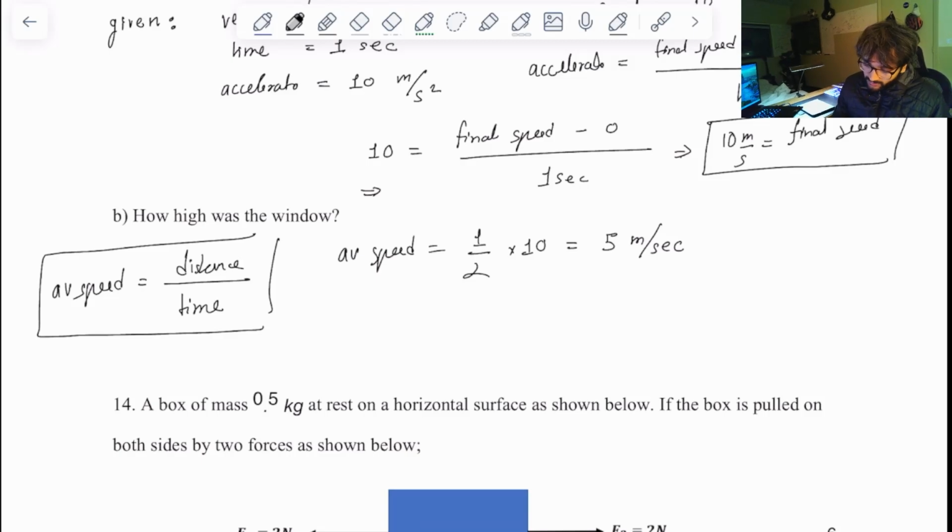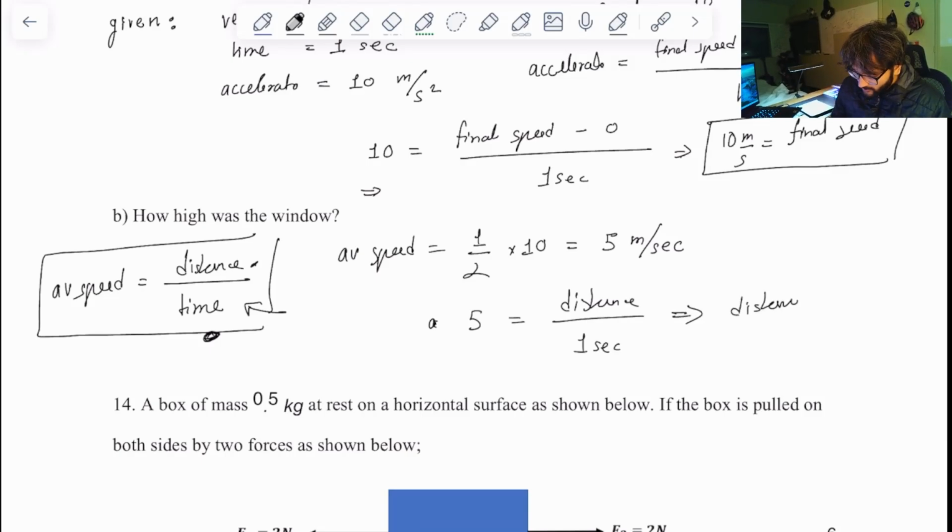I'm going to use that 5 meters per second in this formula. Average speed is 5 meters per second. On the right you've got distance, and at the bottom you've got time, which is 1 second.